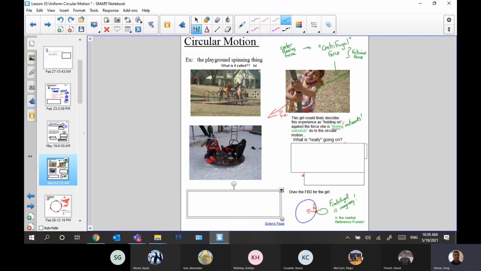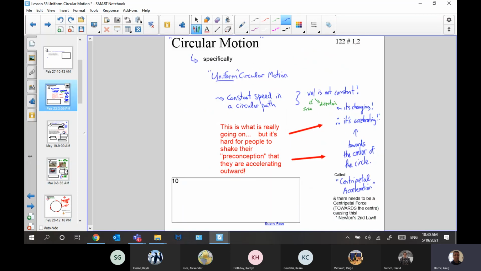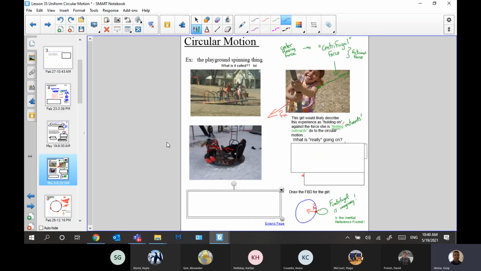But these things are in this rotating reference frame. If she doesn't hold on, she gets thrown off the ride, right? But the details about the throw off the ride are what we're going to try and get a hold of. Like I said, your brain tricks you into paying attention to this centrifugal force outwards that's actually truly a fictitious force.